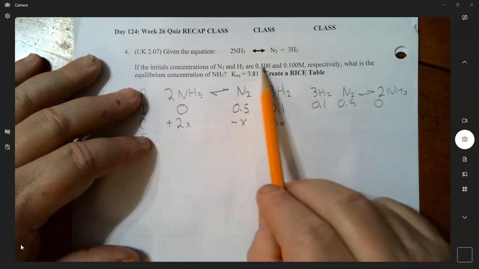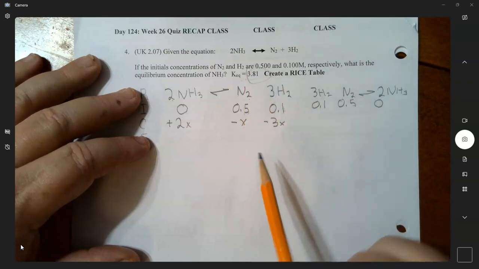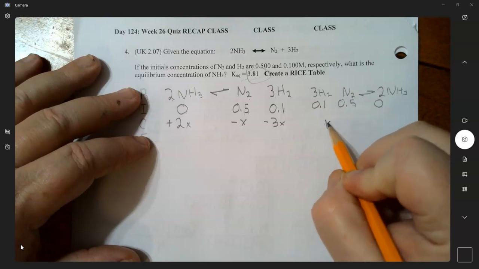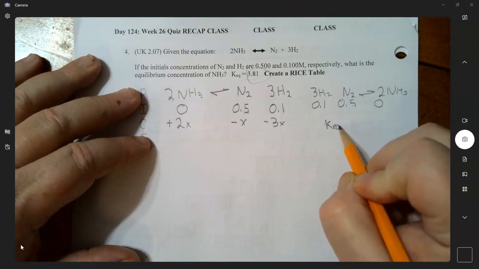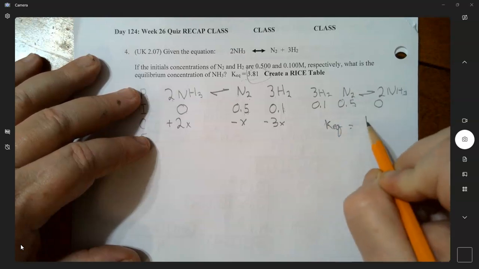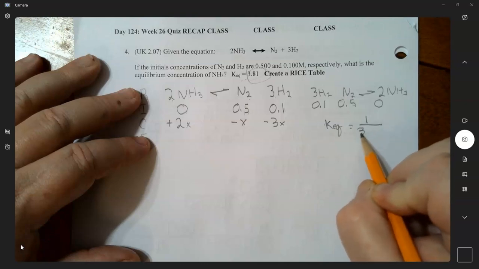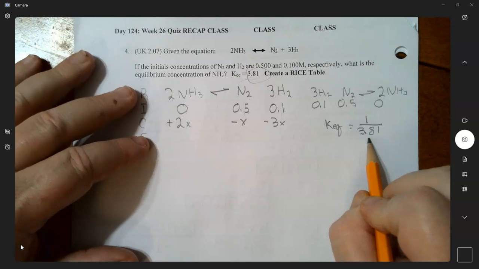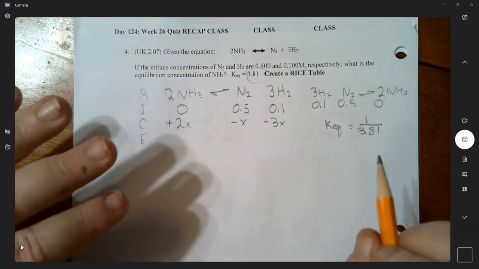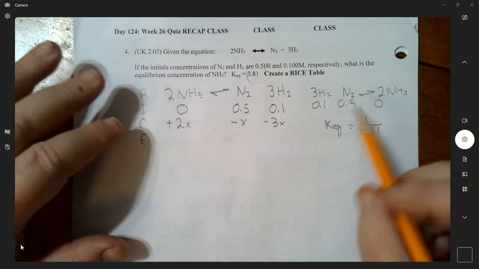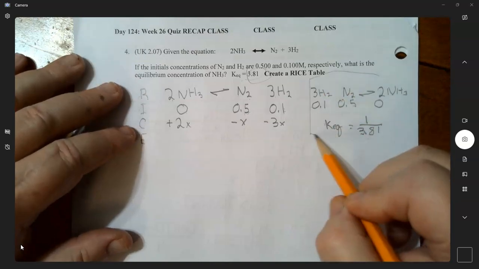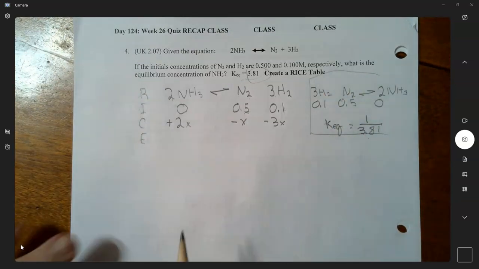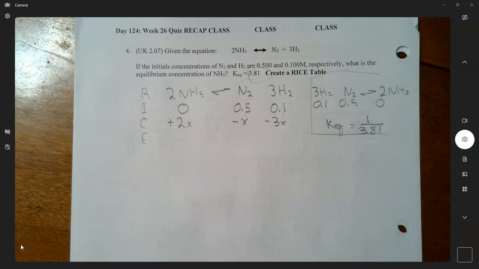But if you do, you have to take the reciprocal, so the equilibrium constant K would equal 1 over 3.81. It's legal to do that, but you have to change the equilibrium constant or it'll be totally wrong. So anyway, that's just a side issue. Okay, let's keep going.